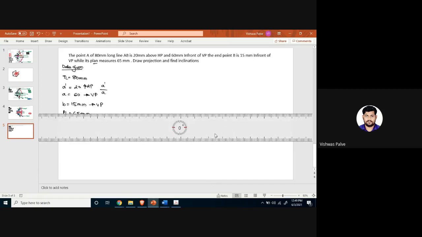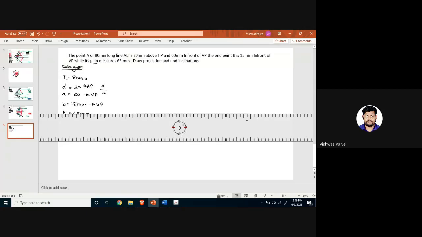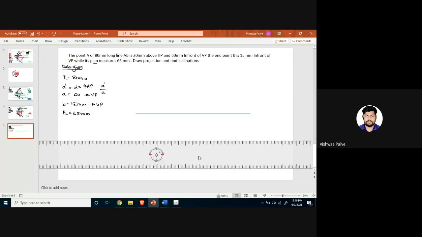Okay. So while solving this, let me first draw my XY line. Let me locate point A and A dash. A dash is 20 mm above, so here is the point A dash. I will use black color for notations.